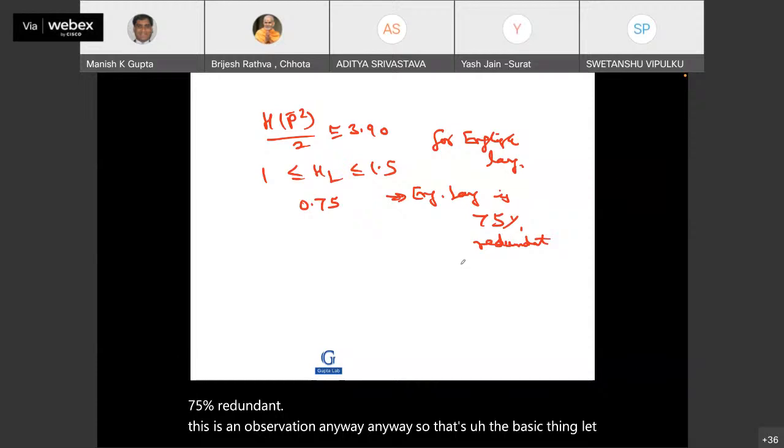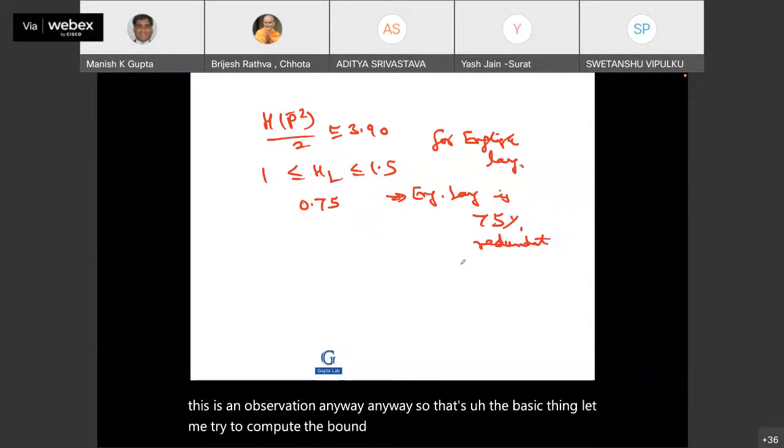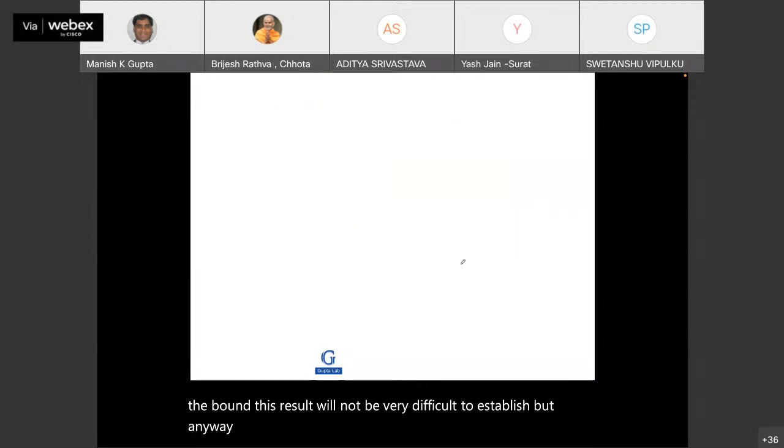Let me try to compute the bound now. I think we are ready to compute the bound. This result will not be very difficult to establish, but anyway, let us compute it.